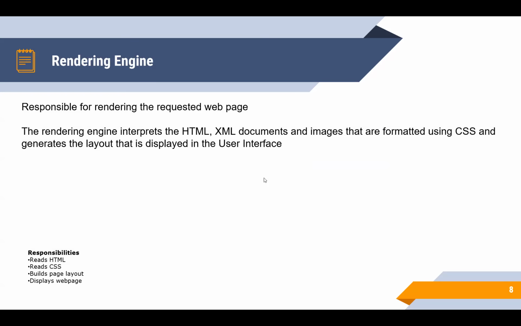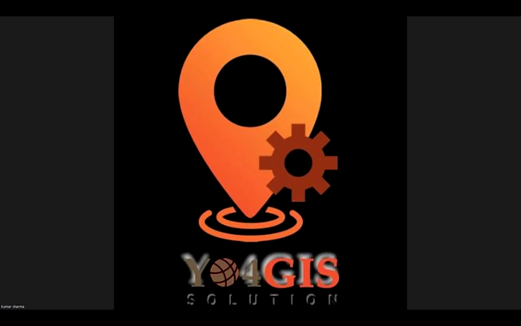The rendering engine interprets the HTML, XML documents and images that are formatted using CSS, and generates the layout that is displayed in the user interface. One second, I will show you one browser so that you will get more understanding of this.